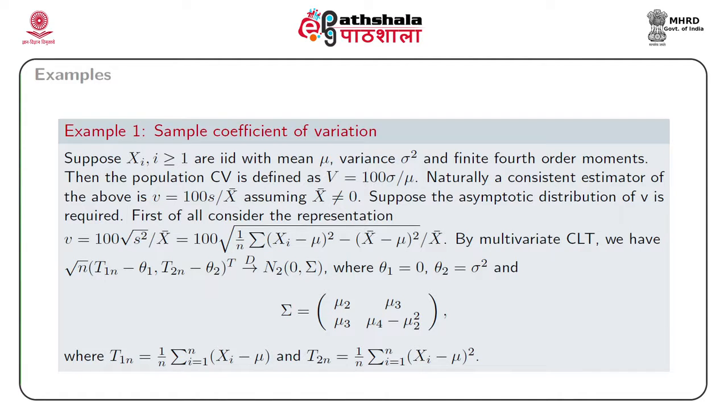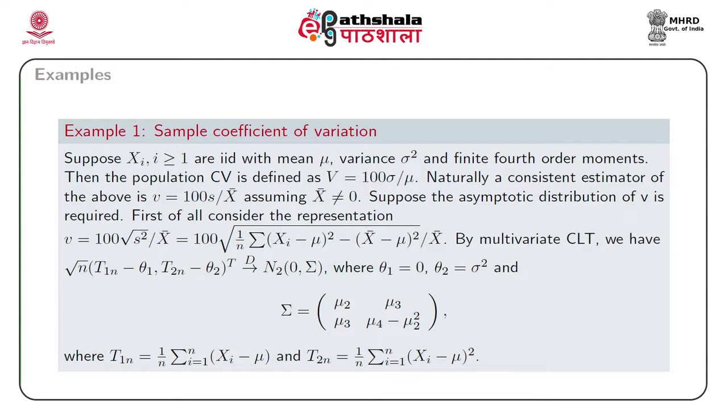Then the population coefficient of variation is defined as capital V equal to 100 times sigma divided by mu. Naturally, a consistent estimator of the above is small v, which is 100 times small s divided by x bar, assuming x bar not equal to 0, where s is the sample standard deviation and x bar is the sample mean. Suppose the asymptotic distribution of small v is required.